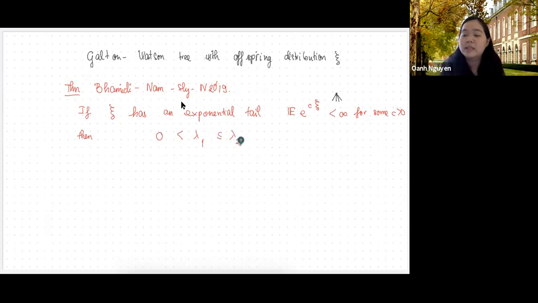And that means that there exists the extinction phase.